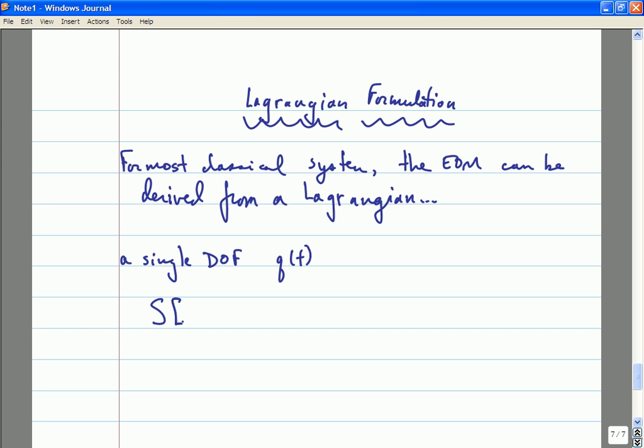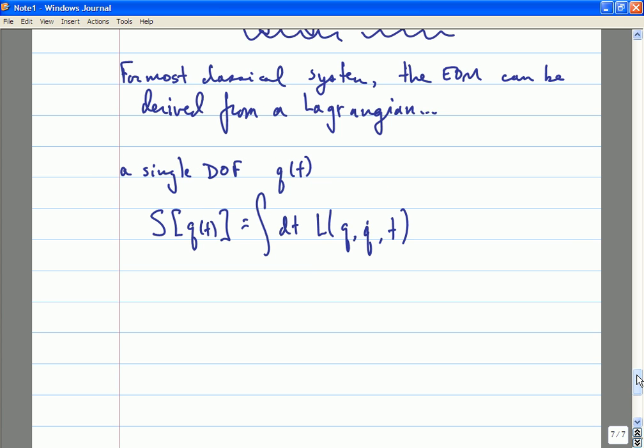So it's a functional of q of t. That is the integral of some Lagrangian that will involve q, its first derivative, and possibly time. And then the equations of motion come from extremizing this action as a function of all paths q of t through configuration space.